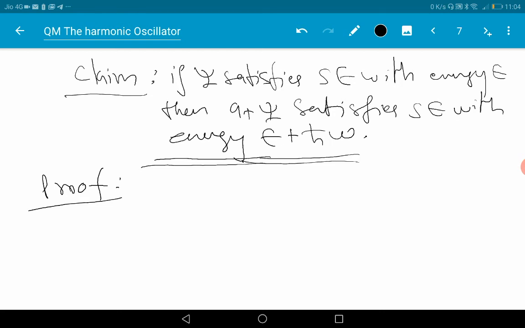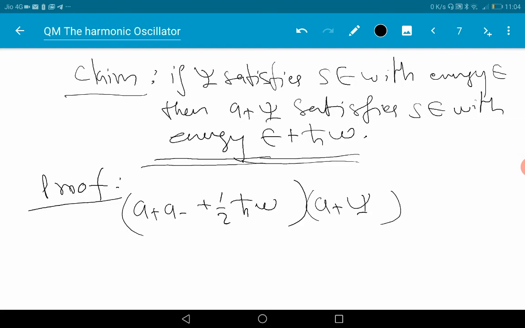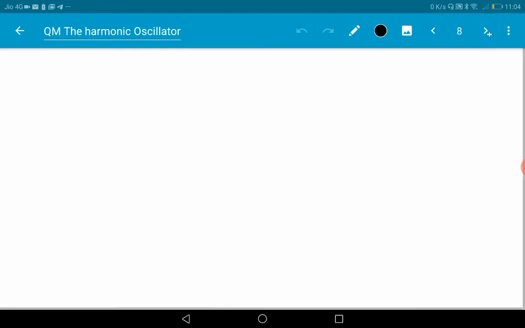The proof is something like this. a plus a minus plus half h cross omega into a plus psi equals a plus a minus a plus half h cross omega a plus psi, which is E plus psi.